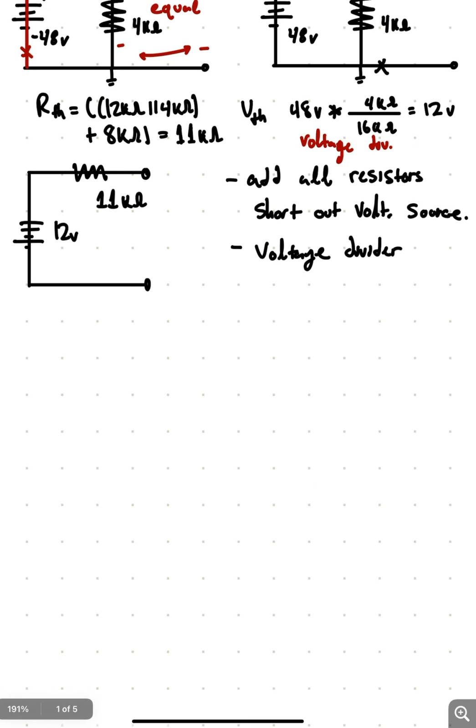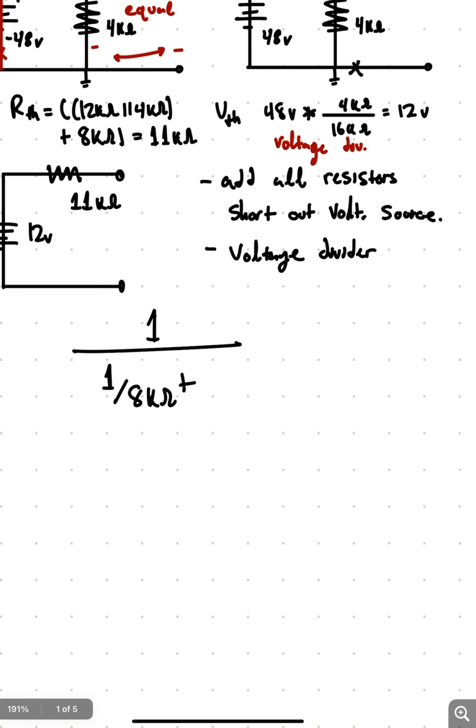ohms. And just a little quick addition, remember that this is how you add, 12, and then 4K ohm, and that should give us 11K.